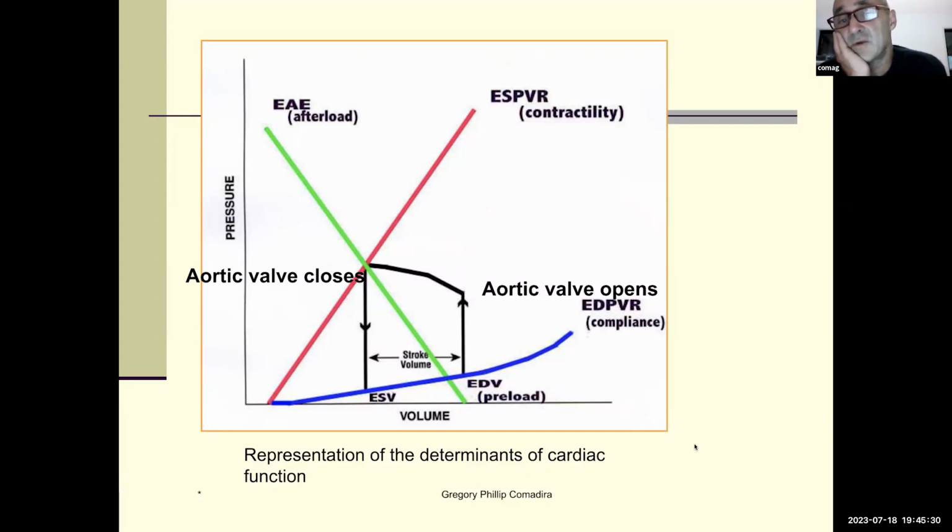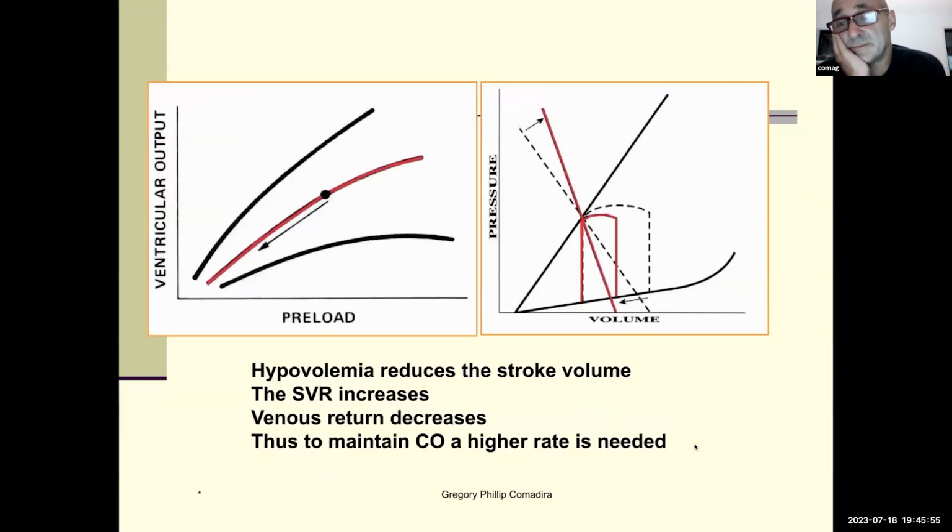The efficiency at which that pumps out is determined by the crimson line, or contractility. That's all those three curves are. And it forms an area under that curve, which is stroke volume. And from that, we are now going to model what happens with hemorrhage.